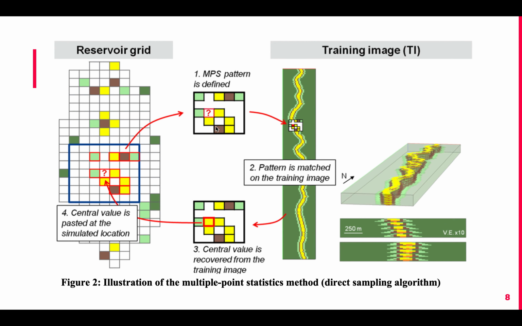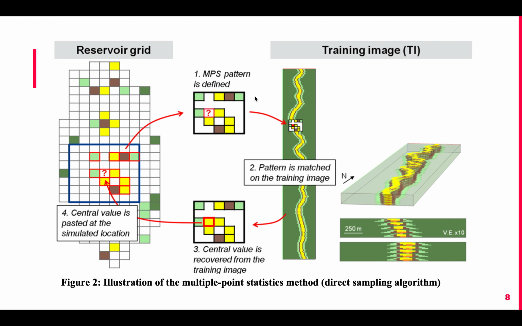So, figure 2 here is an illustration of the multiple point statistics method, the direct sampling algorithm. In this reservoir grid, the neighborhood of the cell to be simulated, marked with the question mark, is analyzed and the pattern is defined in number 1.